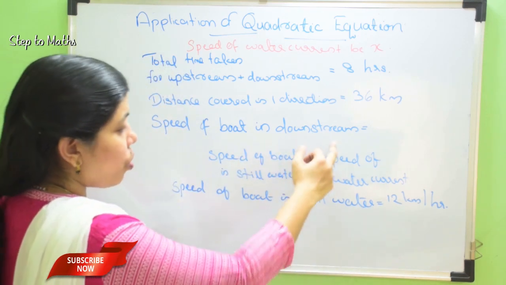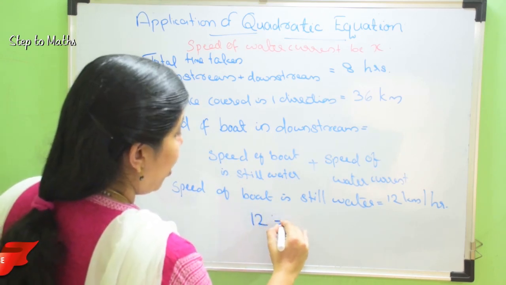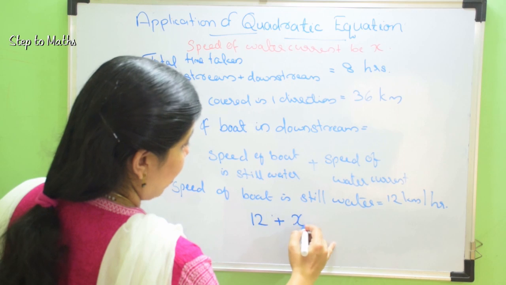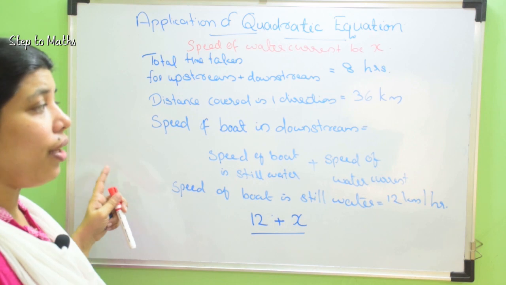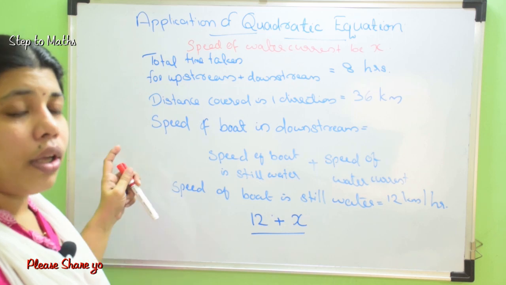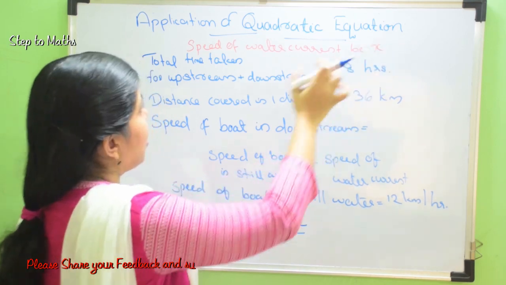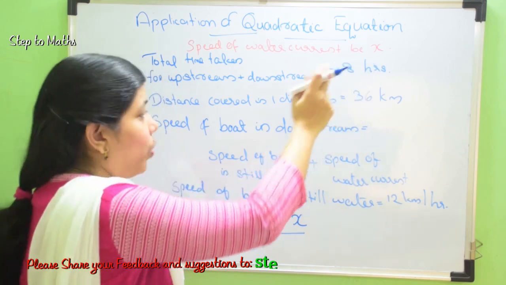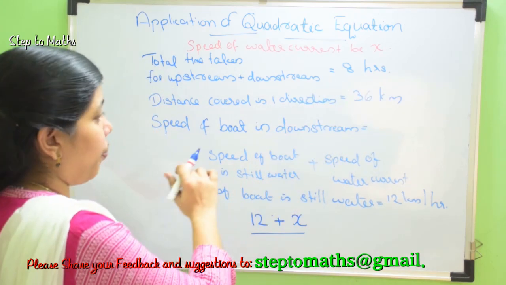So, speed of boat in downstream is equal to 12 plus x, where speed of water current is x. Total time taken for upstream and downstream is 8 hours. The distance covered in one direction is 36 km.